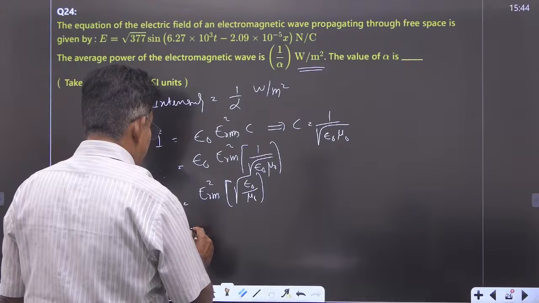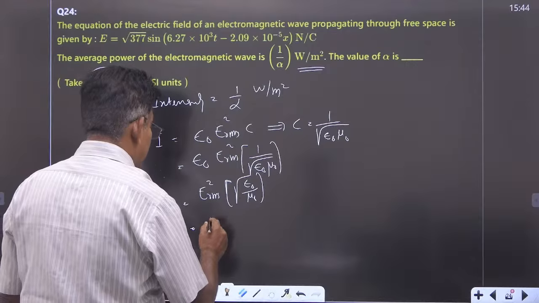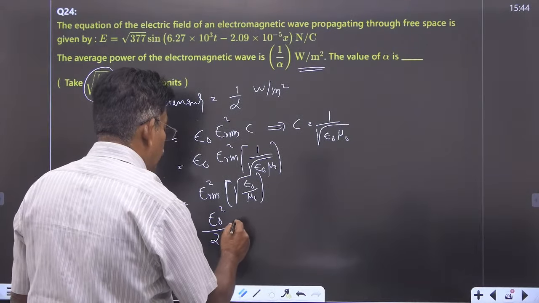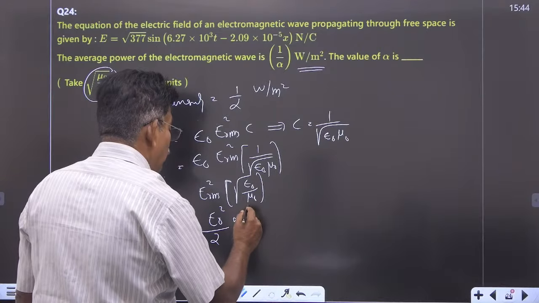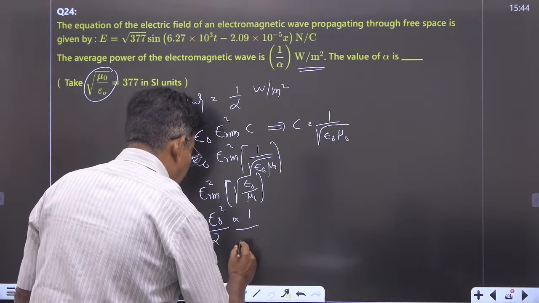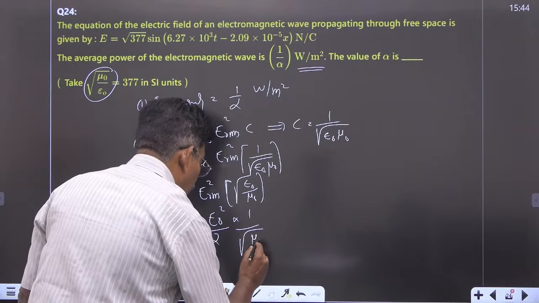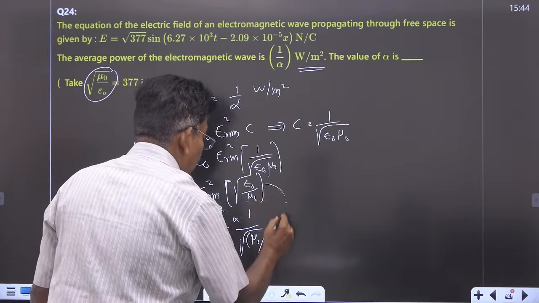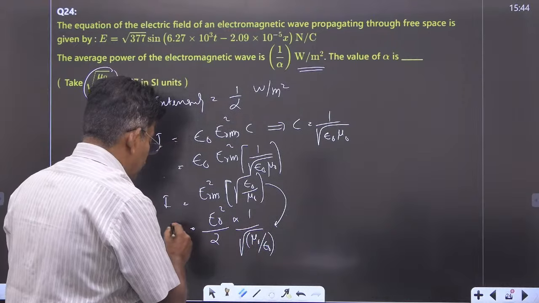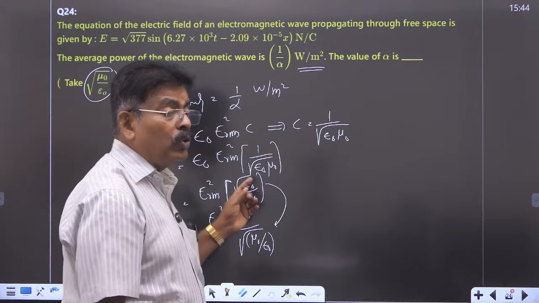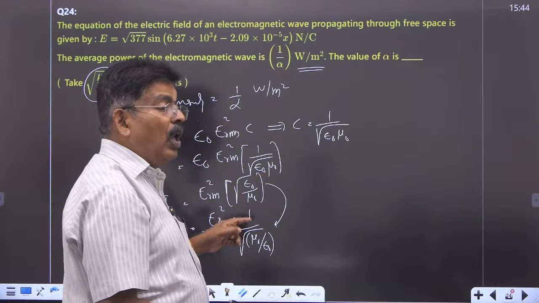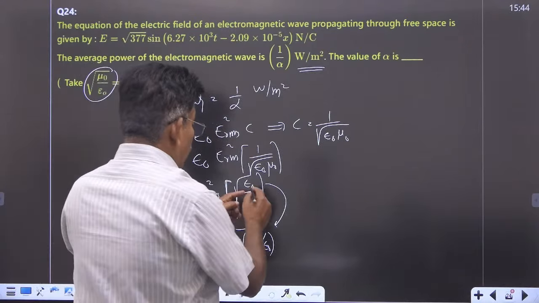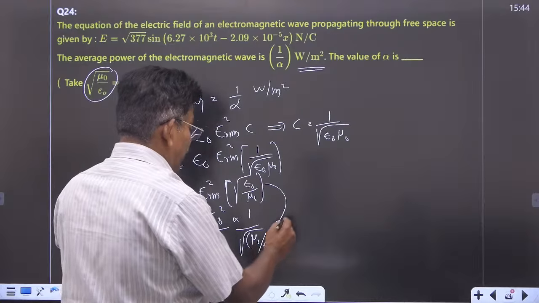So I'm going to write it as E RMS squared, which is E0 squared by root 2, into 1 by root of mu 0 by epsilon 0. All of you know the change from this step to this step. How did it come? Here it was root of epsilon 0 by mu 0, I've taken the reciprocal, so it has become root of mu 0 by epsilon 0.